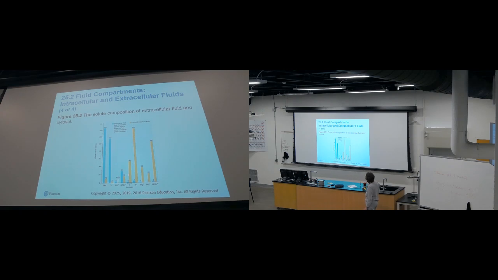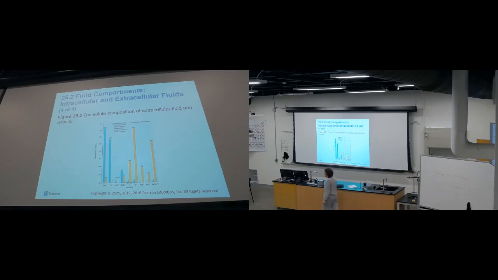Proteins, 2 milliequivalents out, 50 in. Potassium, 4 milliequivalents out, 140 in. Magnesium, 2 milliequivalents out, 35 in. Sulfate, 1 out, 20 in. And then monohydrogen phosphate, or acidic phosphate, 2 out, 100 in.